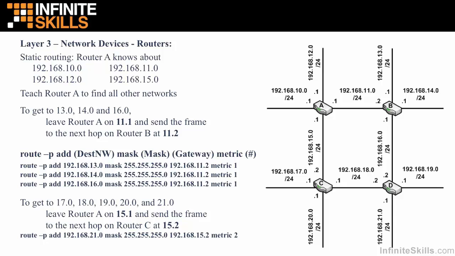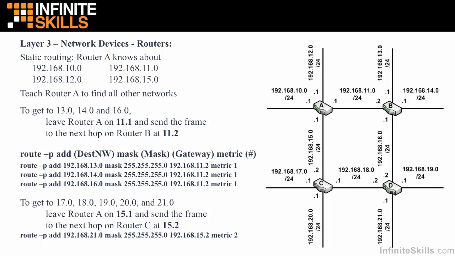If I'm going from 192.168.10.25 to 192.168.13.55, I need to teach my router the following route. Route -p add 192.168.13.0, that's the destination network. The word mask and then the subnet mask for that network address is 255.255.255.0. That, by the way, is a /24 mask.